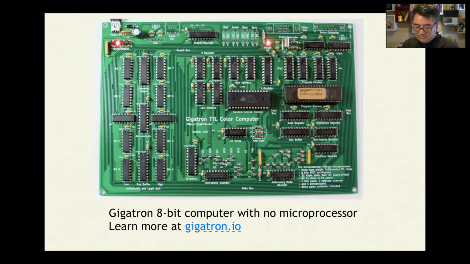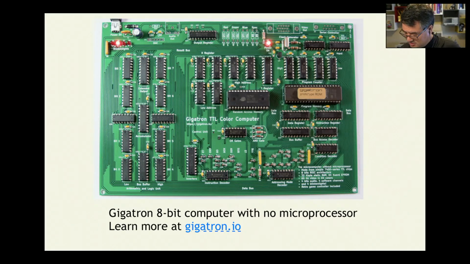And in fact, you can go right now and buy a kit. This is called the Gigatron 8-bit computer. It actually has no microprocessor on it at all. This large chip right here and this large chip over here, those are the RAM and the ROM. The random access memory holds the programs, and the ROM holds other programs, the programs that it comes with when you start it up.